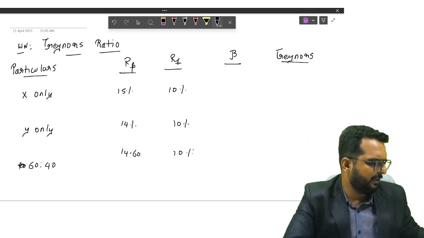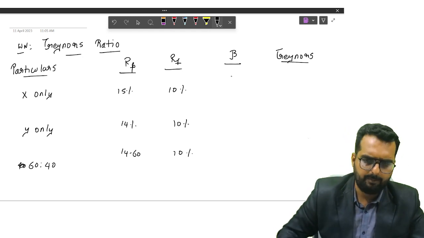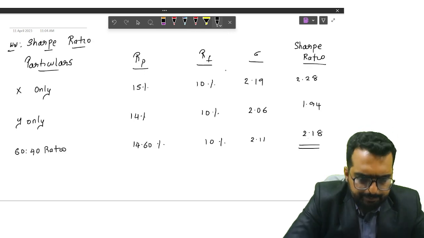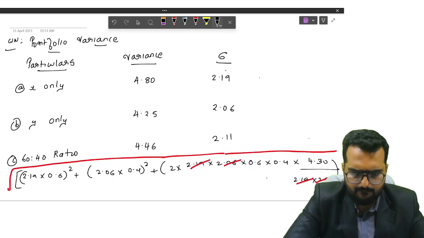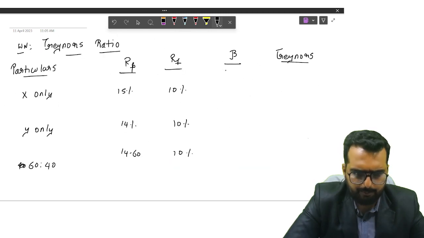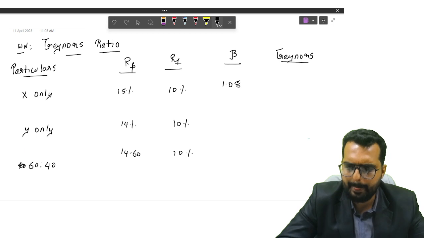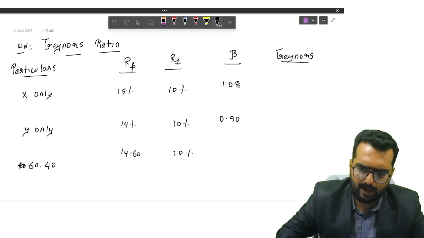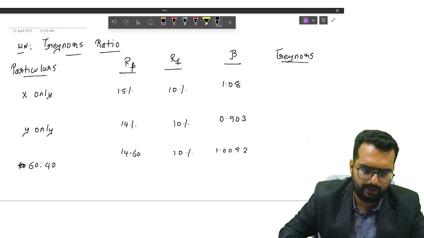So we already got the beta earlier, right? How much was the beta that we got? I think we got 1.087 for the first one. Yeah. Tell me the numbers, okay? 1.08 for the first one. How much for the second one? 0.903. What about the last one? 1.0092.